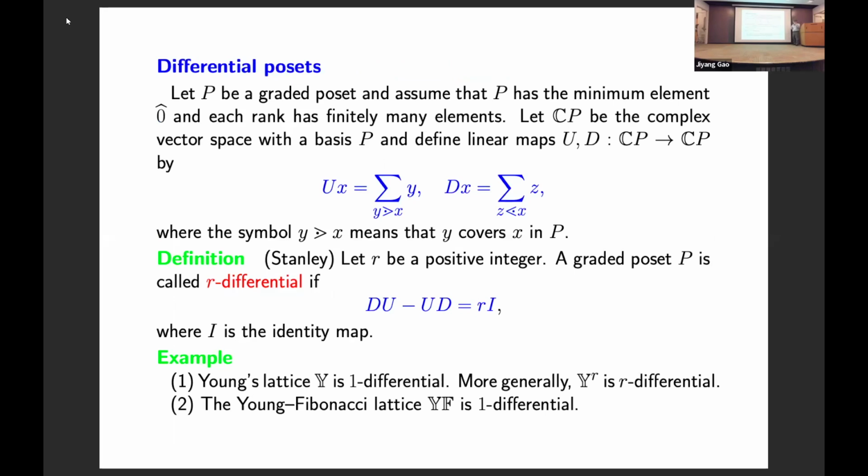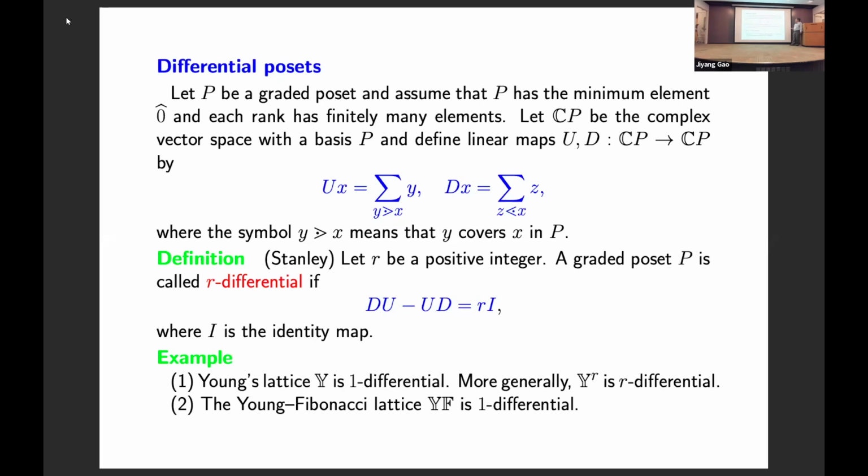So first, I will recall the definition of differential posets. Differential posets were defined in Stanley's 1988 paper. So the figure is a graded poset, assumed to have a minimum element and finitely many elements on each rank. And CP is a formal vector space with basis P and we define linear maps U and D on CP, up and down.